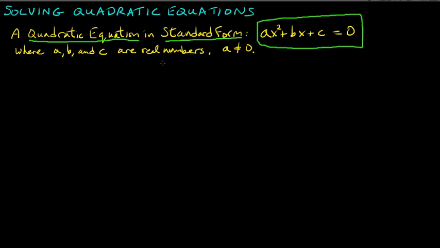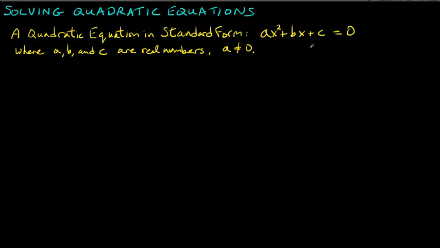And a, b, and c are just numbers. Usually they're nice whole numbers, integers, but they could be fractions. They could even be decimals. When you see them, you'll see them mostly as integers and occasionally fractions as well. So a cannot be 0 because, if a were 0, you might just have 3x minus 6 equals 0, and that would be a linear equation, which you know how to solve.